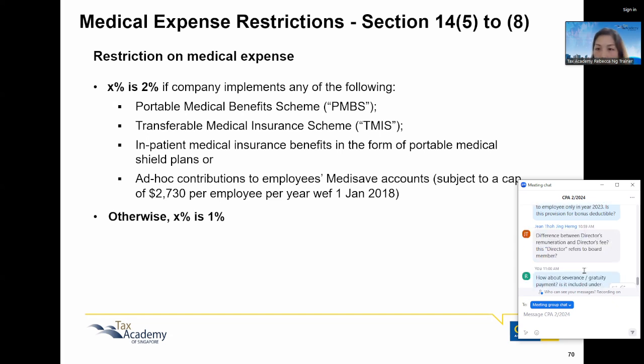The next question is the difference between director remuneration and director fee. Director refers to the board members. Sometimes employees do have a title called director, but they are actually employees.